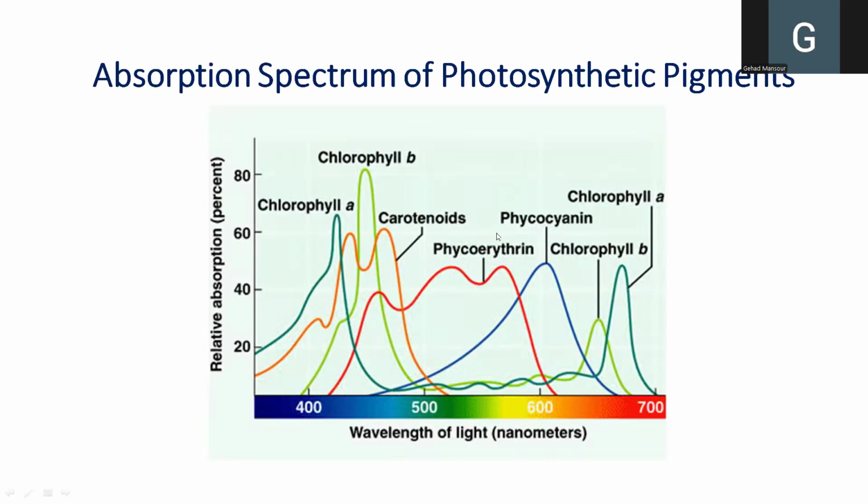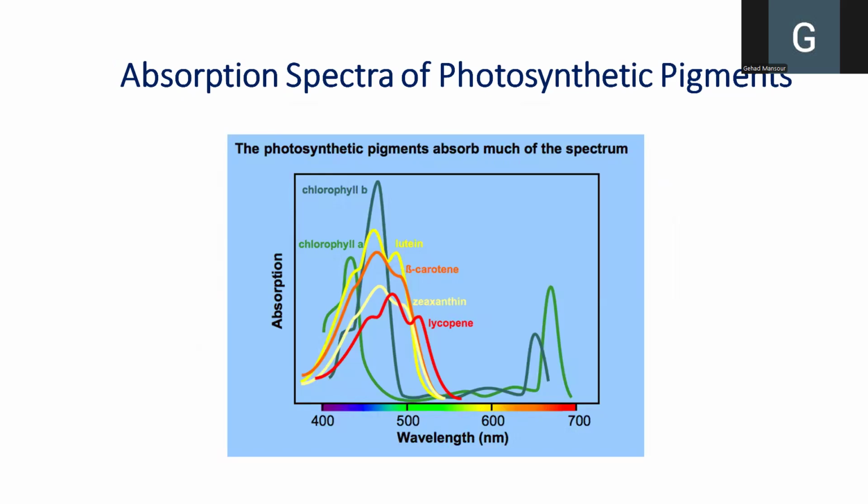Here we have the absorption spectrum of chlorophyll A, the blue one, and chlorophyll B, the green one, and then we have a more extended explanation of the absorption spectrum of photosynthetic pigments.